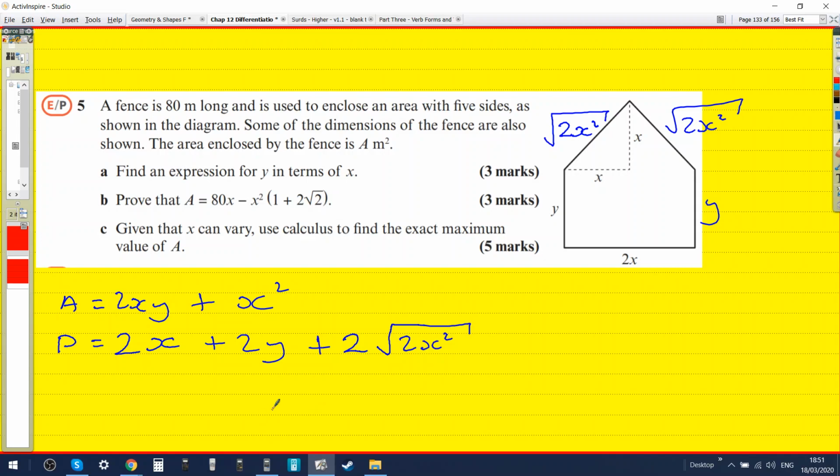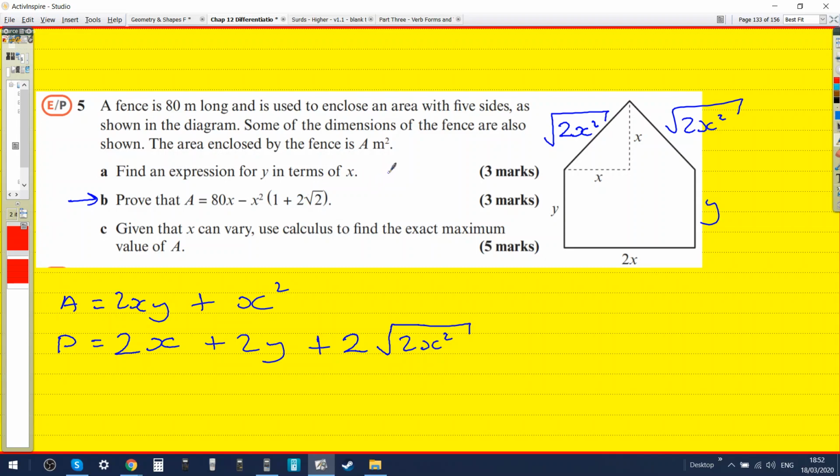So then we need to get rid of y. No, we want to get y by itself, to make y the subject. The reason why I stopped you from making y the subject in the first equation was because I looked ahead to part B and they want us to find the area in terms of x only.